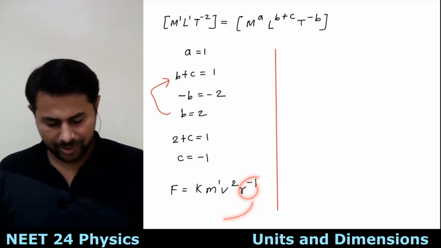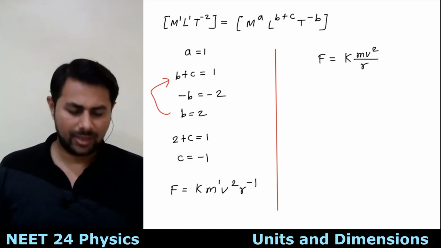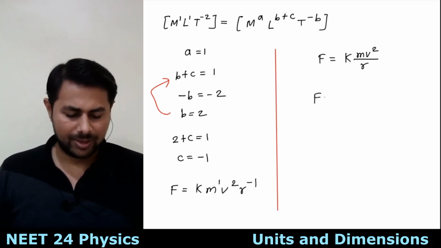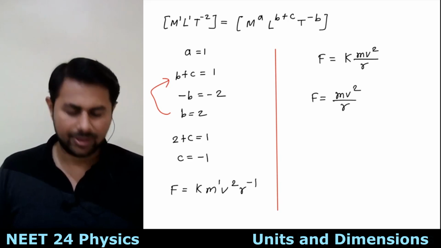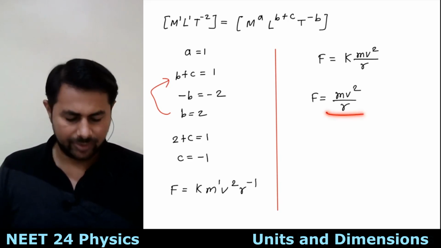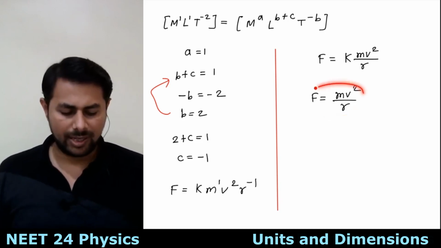You can move that r raised to minus 1 to the denominator, so you get F is equal to k times mv square by r, right? And the correct formula is F is equal to just mv square by r, and it is called centripetal force. Centripetal force acting on an object moving in a circle is given by mv square by r.